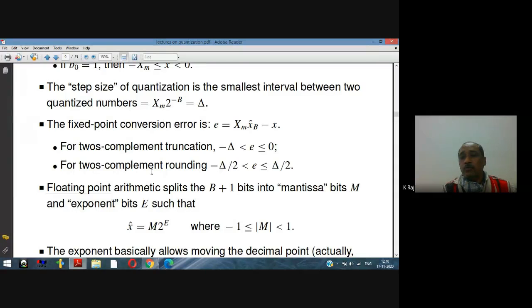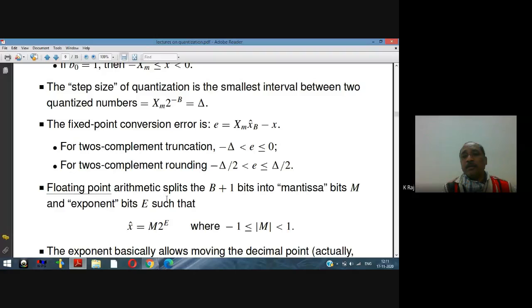And in 2's complement, if we are using truncation, then the range of the error will be minus delta to 0 here. And if we are using rounding, then the error will be less than or equal to delta by 2, that is, between minus delta by 2 and plus delta by 2 here.